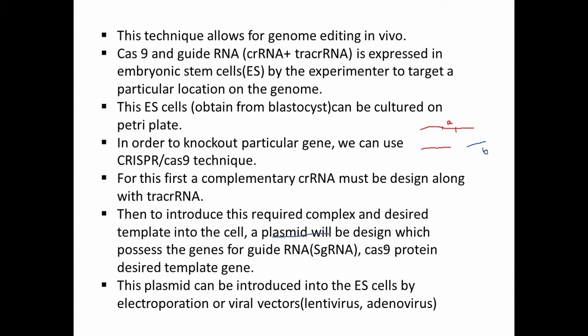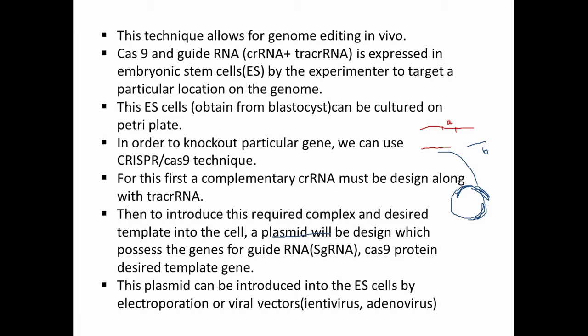And then I will add the gene for the Cas9 protein. So, if this is the plasmid, first I will insert this CRISPR RNA gene into it. Then it will contain the gene for the Cas9 protein, and after that it will contain the gene for the desired template.